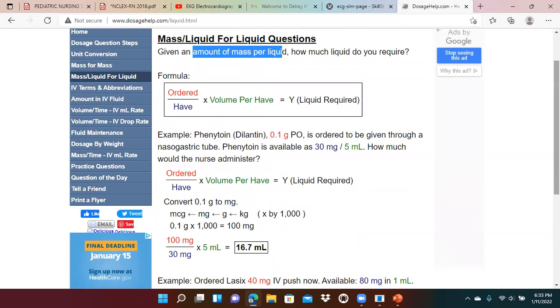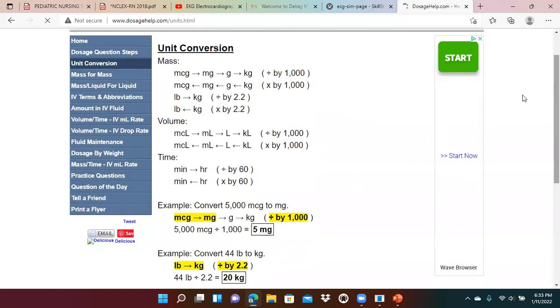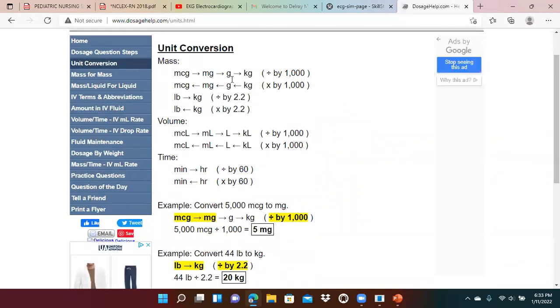So now let me show you how to do unit conversion, important for the board exam. So here we are talking about unit conversion.